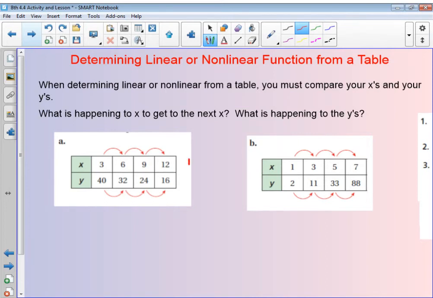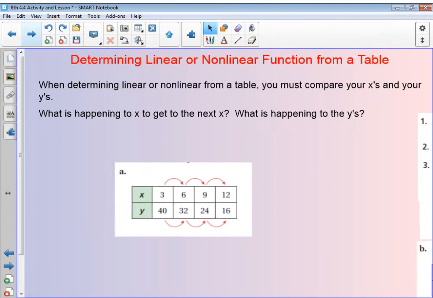So maybe this would be 18. You would see a constant pattern also within the y's. It's just that there was a bigger gap here than 3. Sometimes that happens. Sometimes you have to see the graph unless you're really good with numbers and you can decipher that. But remember, you have to have a constant pattern between both your x's and your y's.